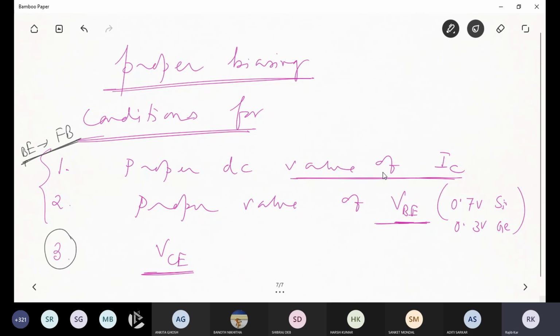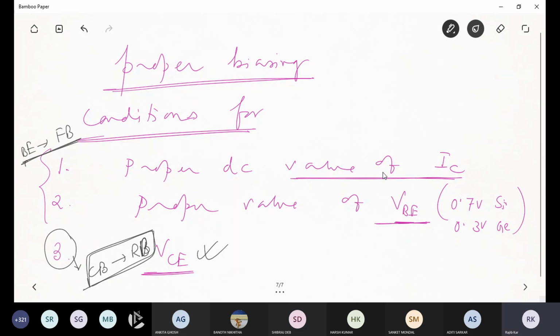This third condition is to make sure that the collector to base junction is reverse biased. If you select IC and VBE at a particular value, then the base to emitter junction will be ensured to be forward biased. The collector to base junction will be reverse biased by looking at VCE.